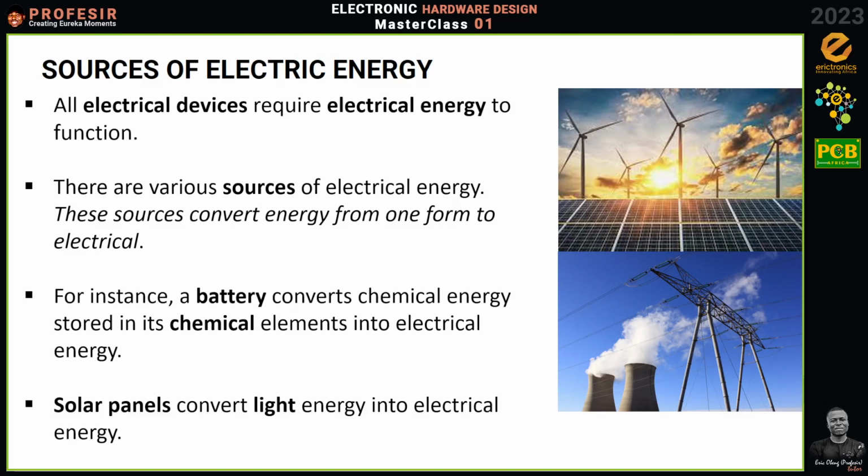And also take note that the light that comes from the sun is made up of different wavelengths. So depending on the nature of the panel or how it was engineered, it will be sensitive to certain spectrums of light energy, not all of them.